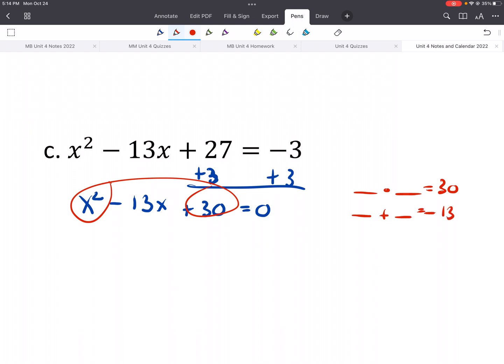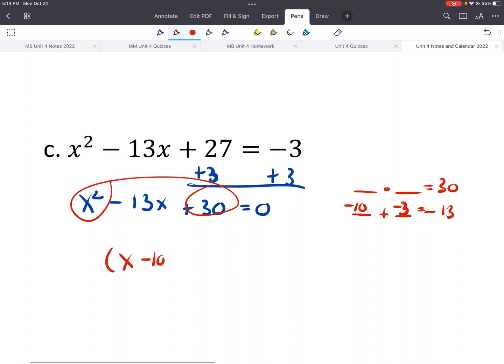So they'd probably both need to be negative, and we could do 10 and 3, right? So negative 10 and negative 3. And we could use the shortcut because a is 1. So (x minus 10)(x minus 3), and then find our solutions. Again, what makes that be 0 is if x was equal to 10. And what makes that be equal to 0? Well, x would have to be 3.